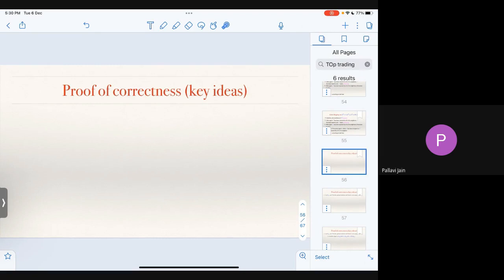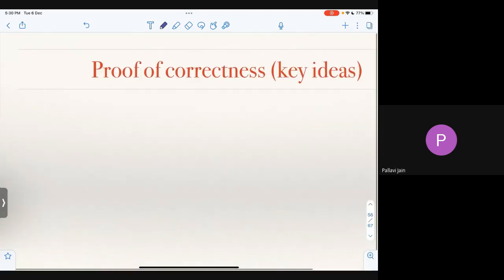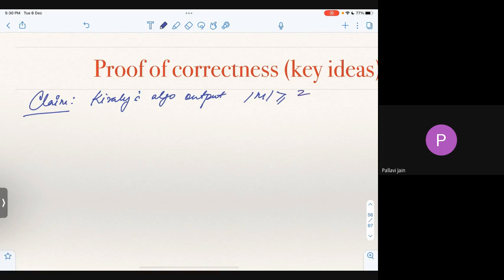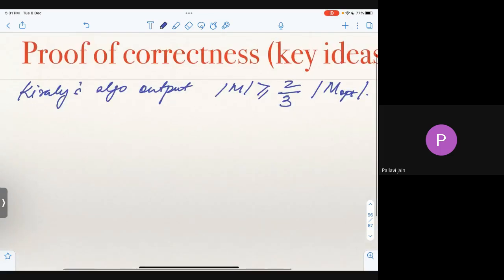We are claiming, let me just write here, that the algorithm given by Kiraly outputs M of size at least 2/3 of M opt. What is M opt? It's the maximum size stable matching.